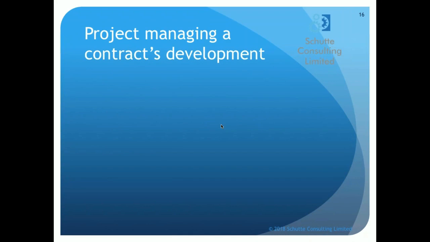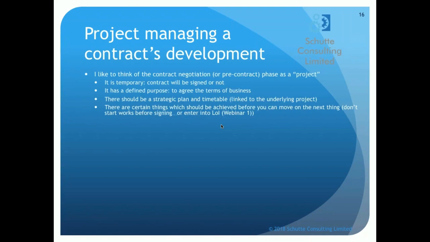Let's move on to how you project manage a contract development. So I like to think, and you probably won't be surprised to hear this, that the contract negotiation, pre-contract negotiation phase, is a project. I think it's a project because this phase is temporary. You're either going to get to a position where the contract is signed or not.